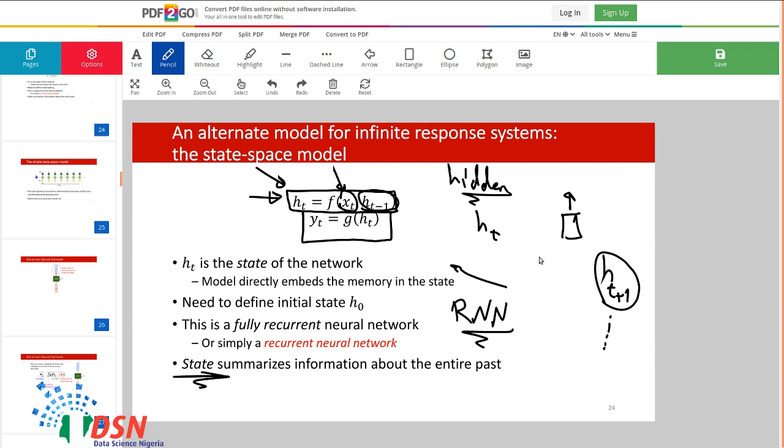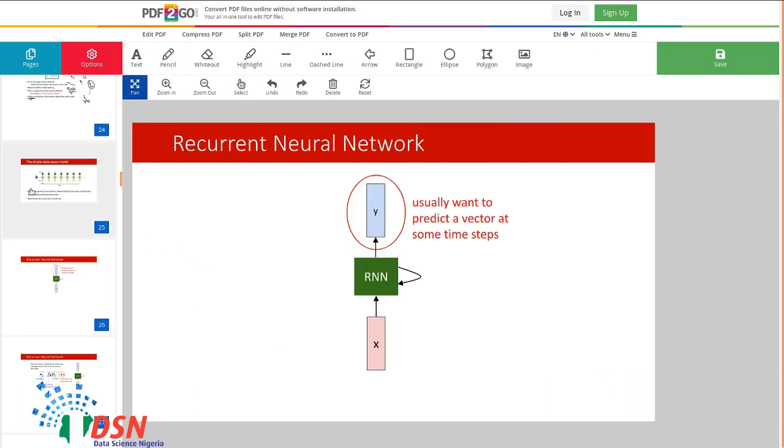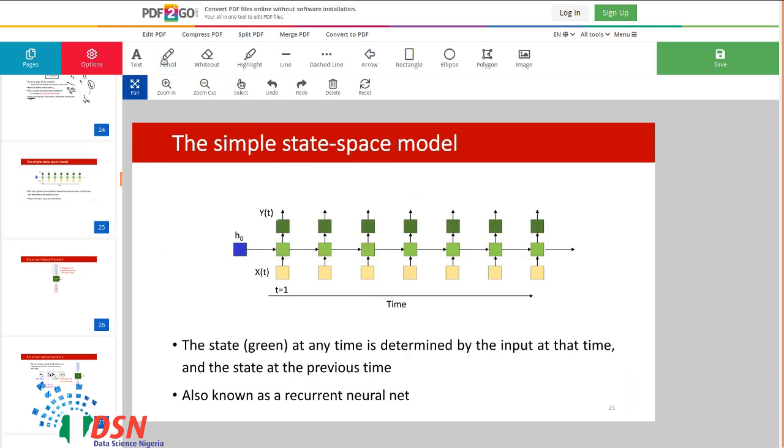So the first input could affect all of the next hidden states. Let's say we start with an initial hidden state and an input, and then make the prediction.